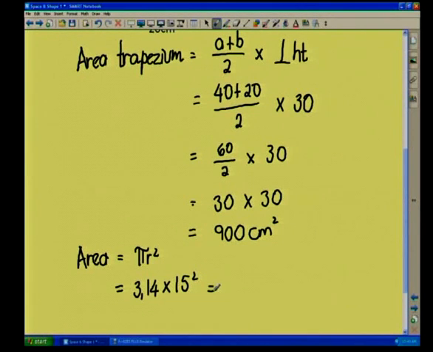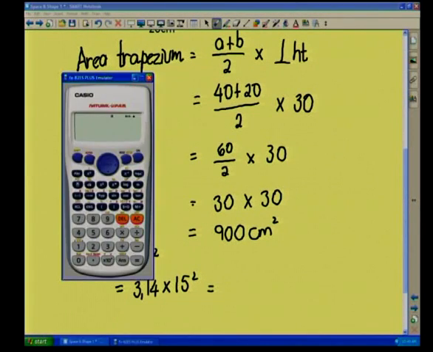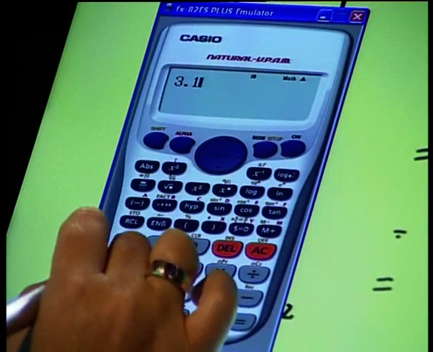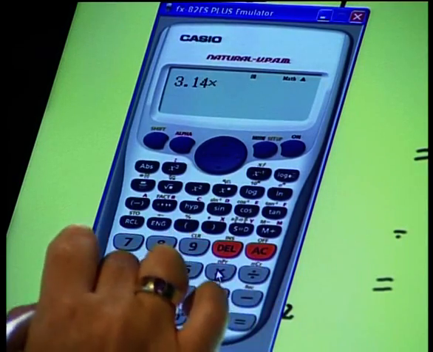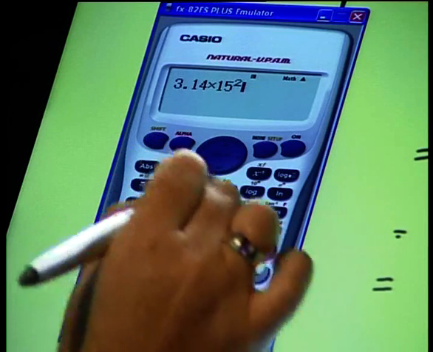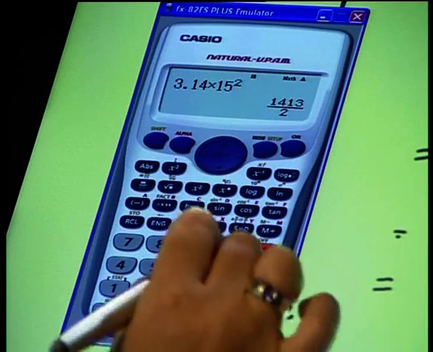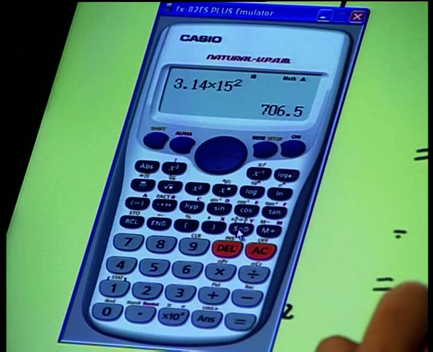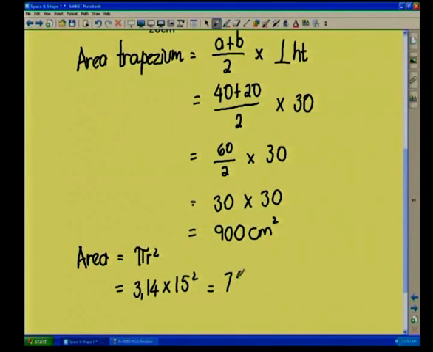Using my calculator, 3.14 times 15 squared equals 706.5. And remember, this is centimeters squared.